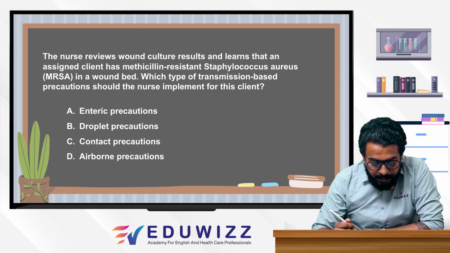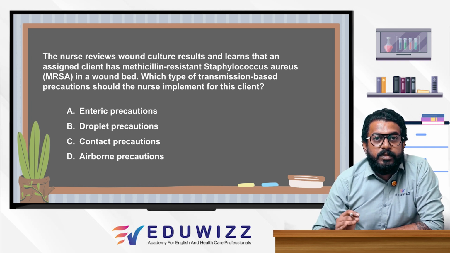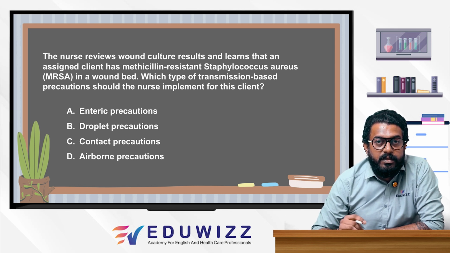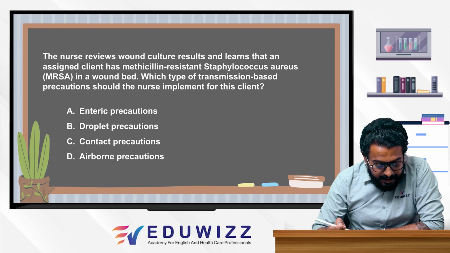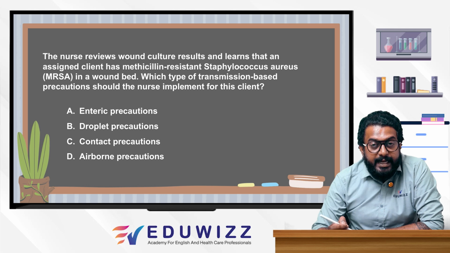Basically, the question is about the transmission of MRSA infection. Options are A, enteric precautions; B, droplet precautions; C, contact precautions; and D, airborne precautions.